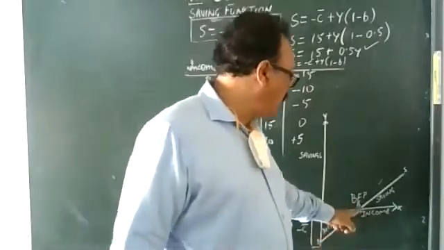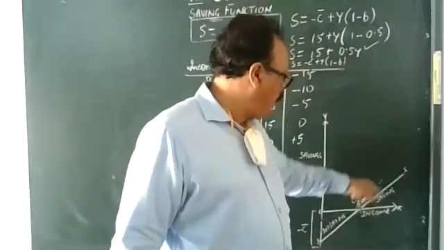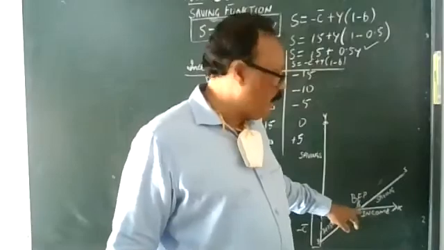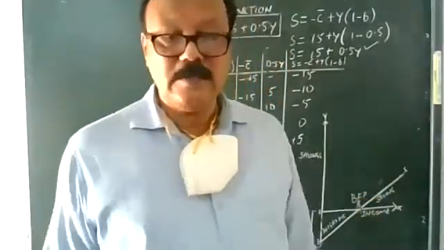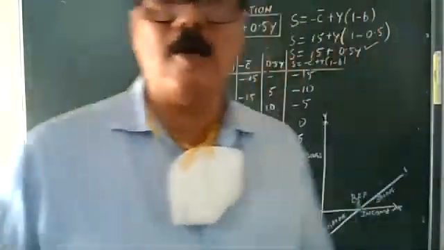Once he crosses the BEP and he goes above the income line, anything that is above the income line is savings. So write down the observations.